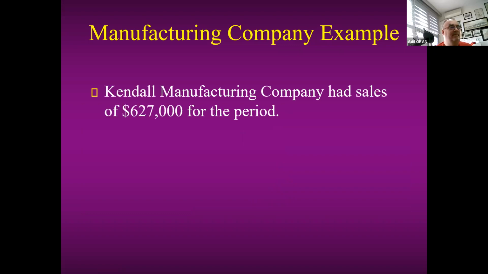If during this period the company had sales revenue of 627,000, what would the income statement look like and how much gross profit would the company have made?